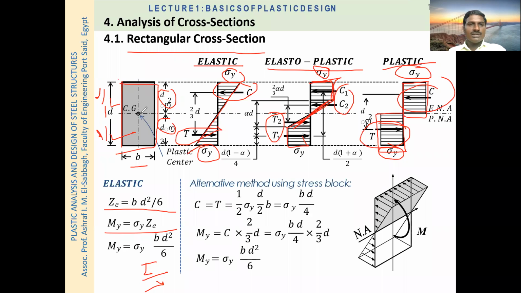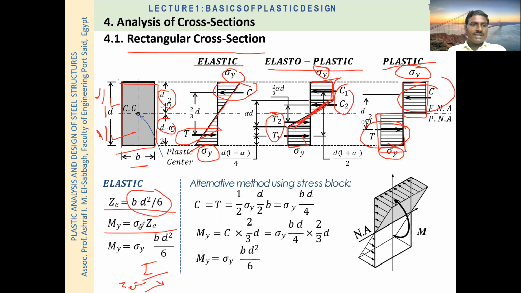So BD cube by 12 divided by Y, where Y is D by 2. If we do this calculation I by Y, we get the Ze value, which is BD square by 6.